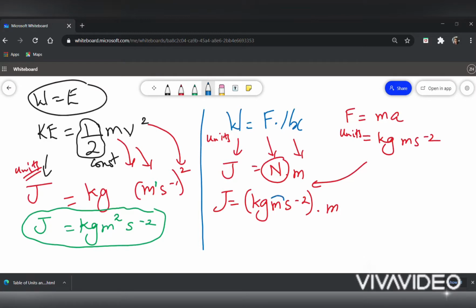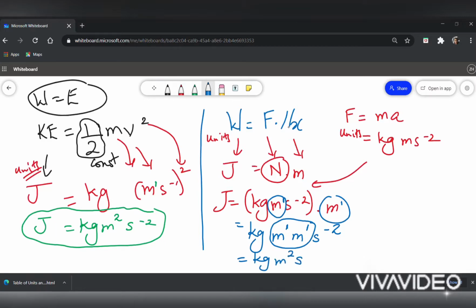We have two bases that are the same, meters, and the power here is understood to be 1. For those of you who need to see it, we can do it like this. Kilogram, I'm going to bring my m's together. M to the power of 1, m to the power of 1, s to the power of minus 2. Multiply two numbers of the same base, what do we get? We add our powers. So we will get kilogram meters, 1 plus 1 is 2, meters squared, s to the power of minus 2.